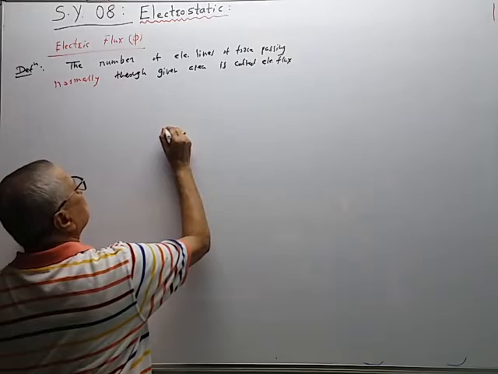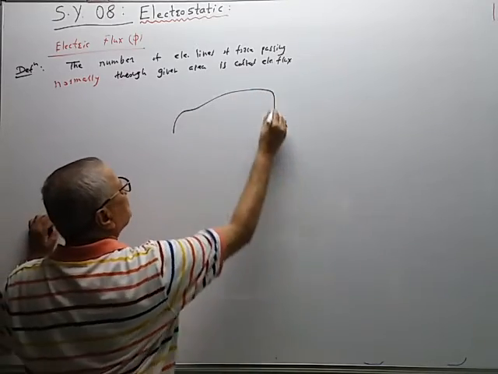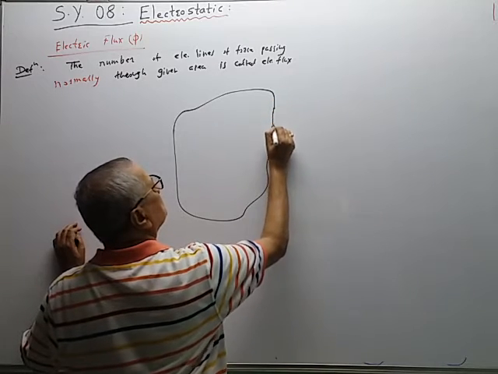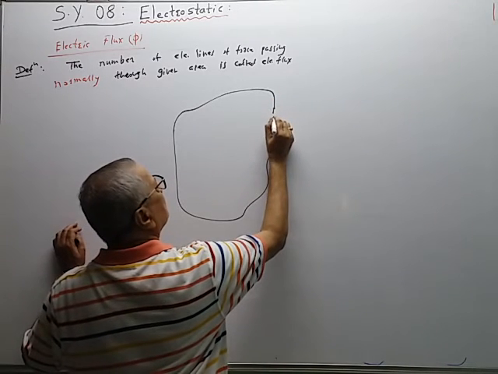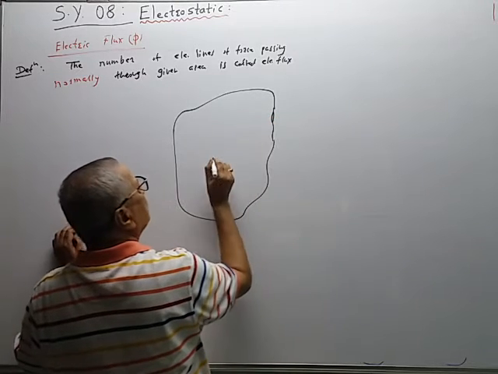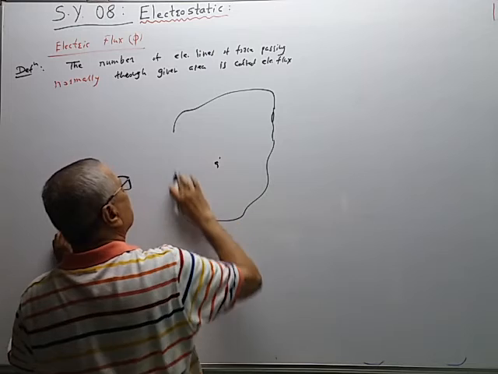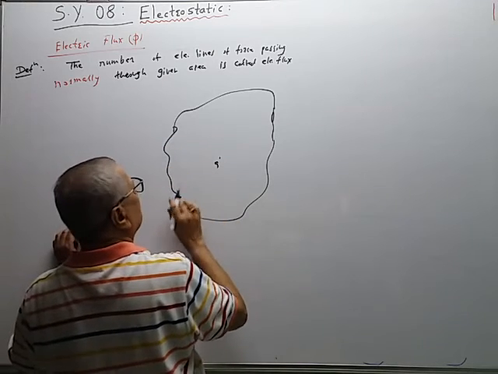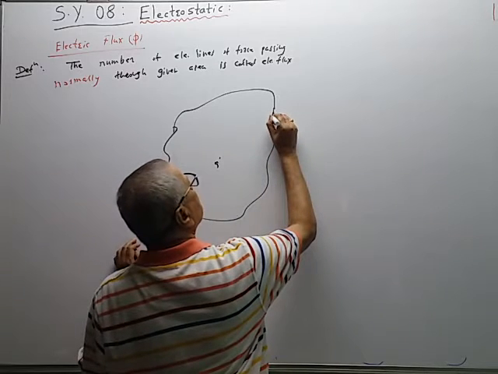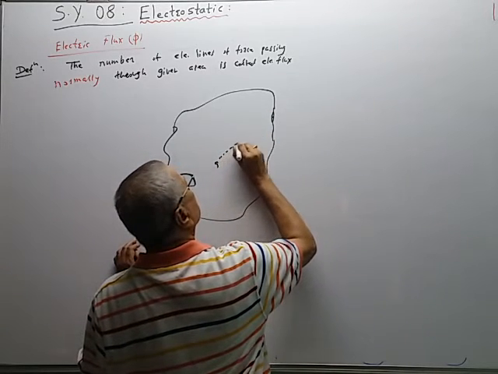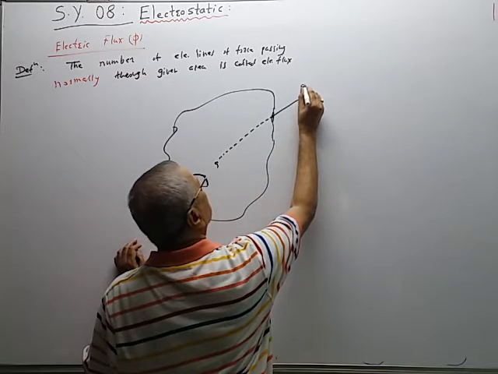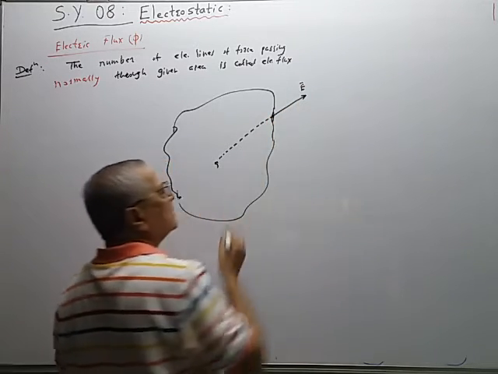So now we will use this figure. Suppose this is a closed surface of any shape. Now if we consider a small area ds, and here the charge plus q is kept like this. Due to this charge q, there is some electric intensity at this point. Intensity E is in this direction and area vector is in this direction.